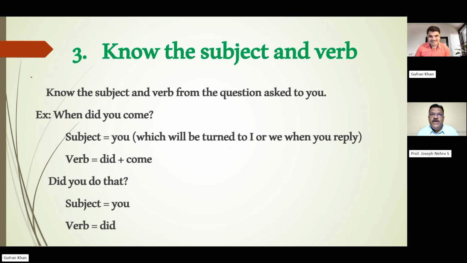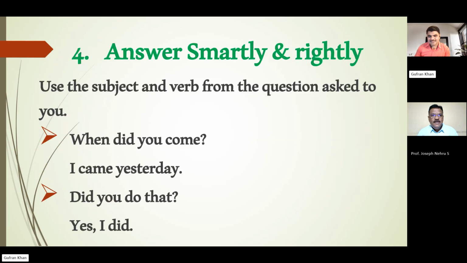Now the fourth point, my dear friends, is to use that subject and verb rightly in your sentence. Learn to use the subject and verb which you picked from the question in the right format in your reply.